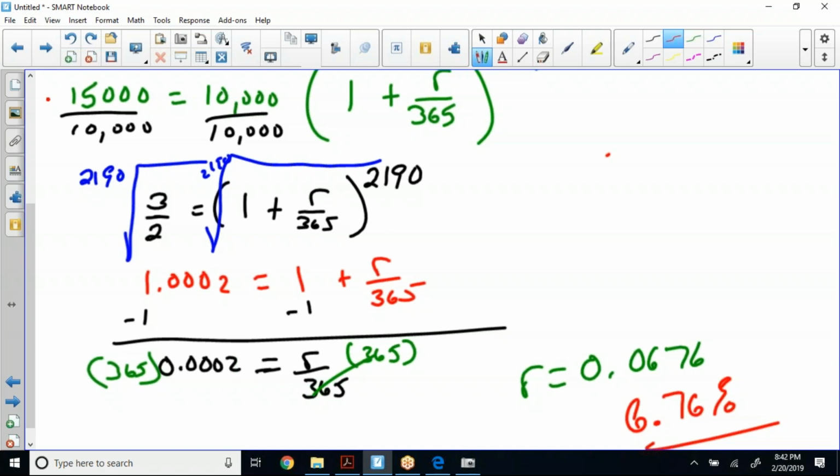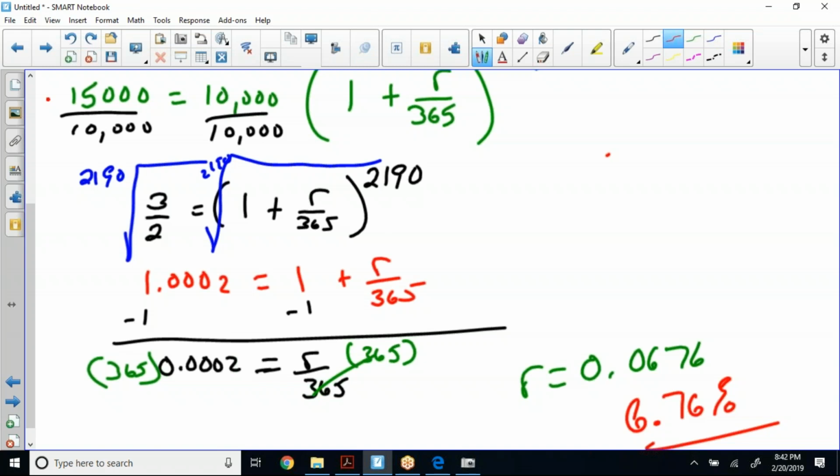Let me see. My calculator is showing 1.0002. It's rounding it to 4 decimal places, so when you do it, you're going to get 7.3%, and that is introducing error.